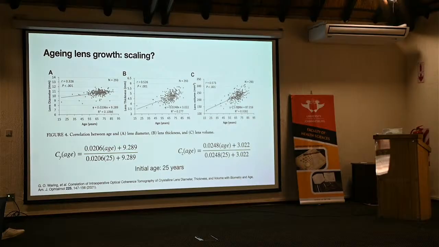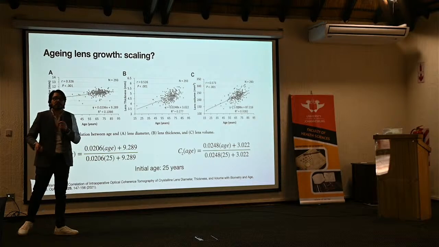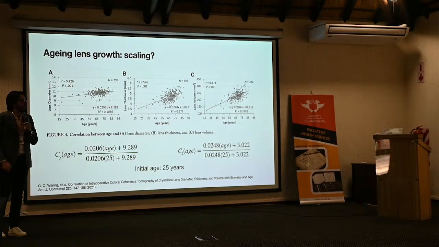We're going to model the aging of the crystalline lens from 25 years to 75. Therefore, here what we have are the scaling parameters, because when age is 25, here we have 1, but when age is greater than 25, we have numbers greater than 1 that are our scaling parameters.